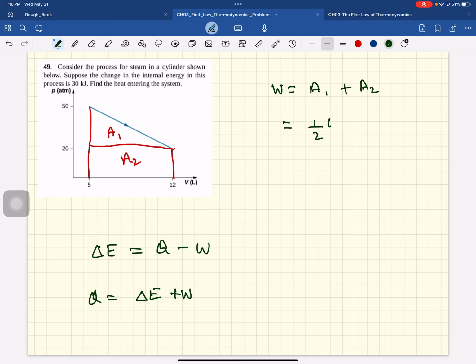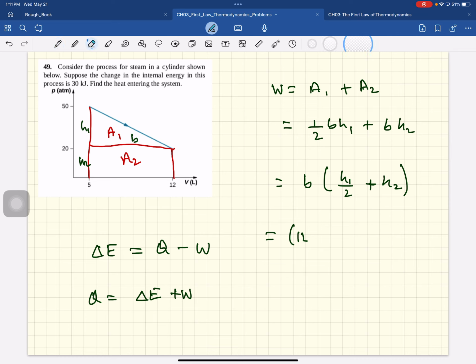One half base times height plus the second area. The base is 12 minus 5, 7 liters.